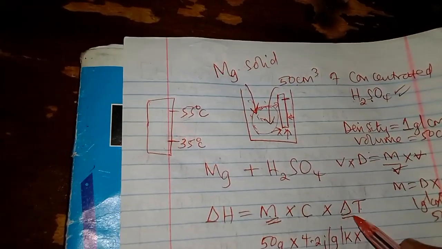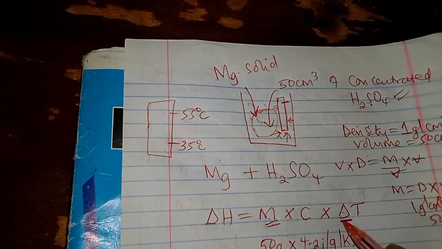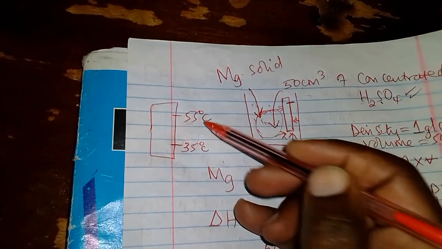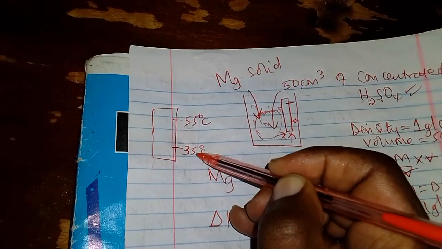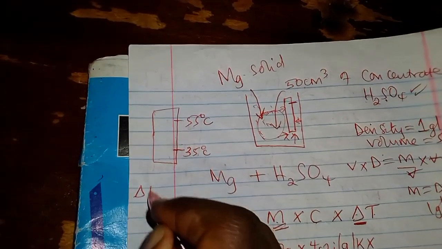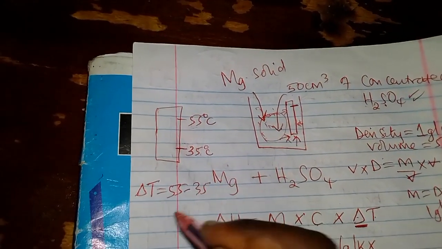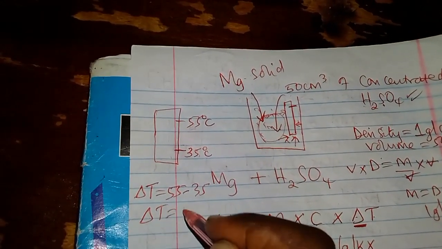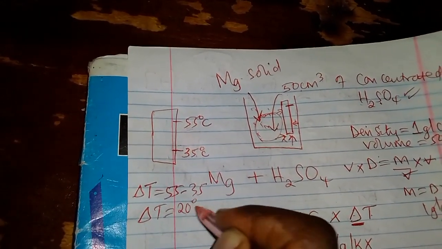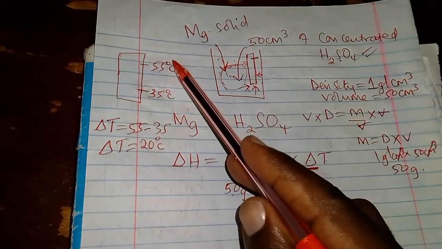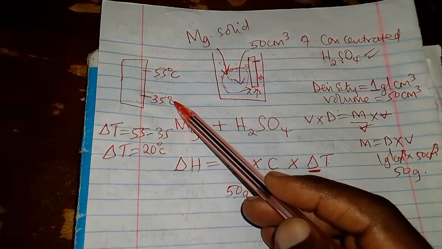The change in temperature, delta T, is the final temperature reading on the thermometer minus the initial temperature reading. So delta T is equal to 55 minus 35, which is 20 degrees Celsius.